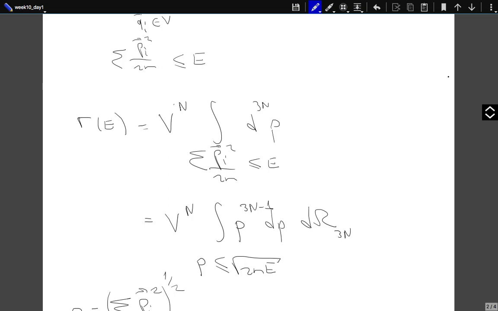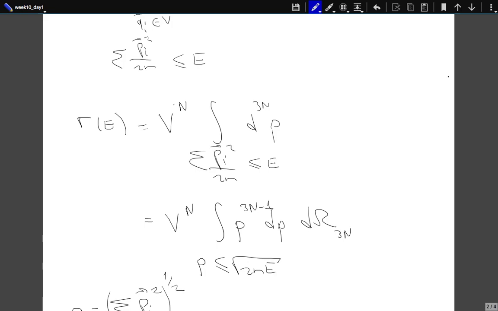Basically here. You see, the volume is specified by the expression of the energy. And since the energy depends on the sum of squares of the coordinates, the volume is specified by the sum of the squares of coordinates, the surface is basically a sphere.